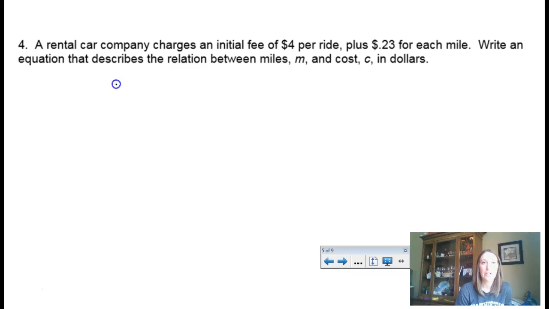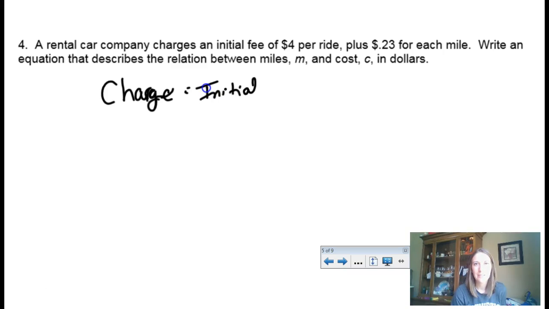So the total charge, and it doesn't really say anything about number of rides, so let's just assume we get in the car and then we don't get back in later. So we're going to call it the initial fee, but then adding to that the cost per mile, but you've got to multiply that by the number of miles.